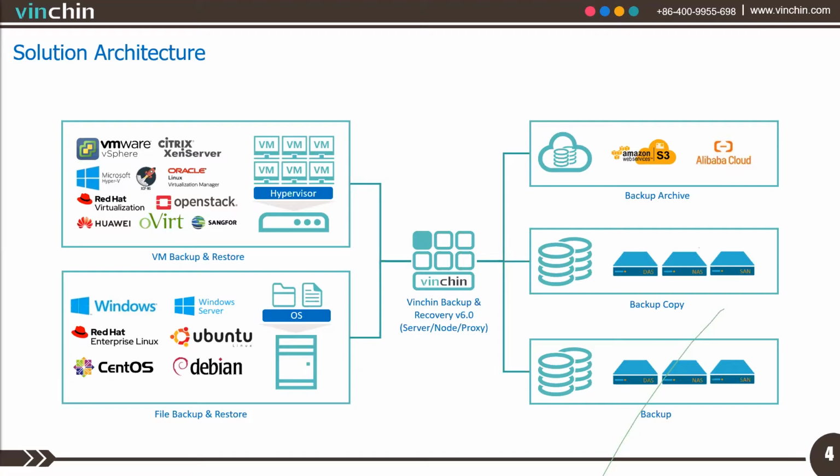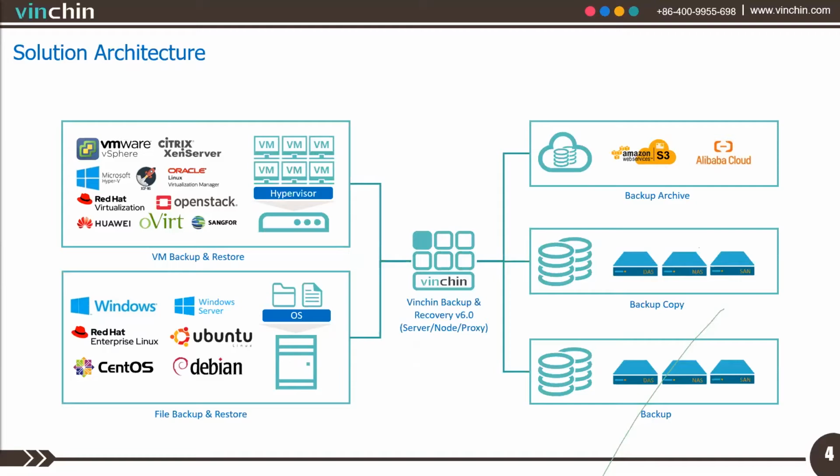Beneath it, we have added file level backup and recovery for both Windows and Linux physical servers. In the middle of this diagram are the Vinchin products, including backup server, backup node, and backup proxy. The backup proxy is new and is available in version 6.